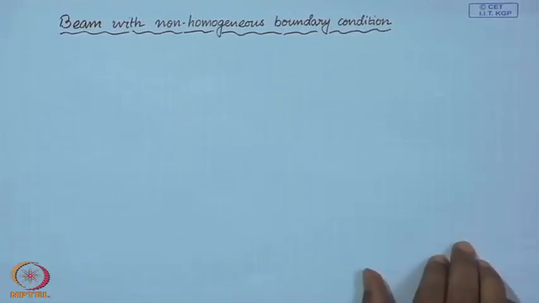So, in various situations you find beams which are excited at the boundary. For example, when you have an absorber attached to a vibrating structure, an absorber made of a continuous system like a beam, which may be attached to a vibrating surface or a structure for the purpose of vibration absorption.